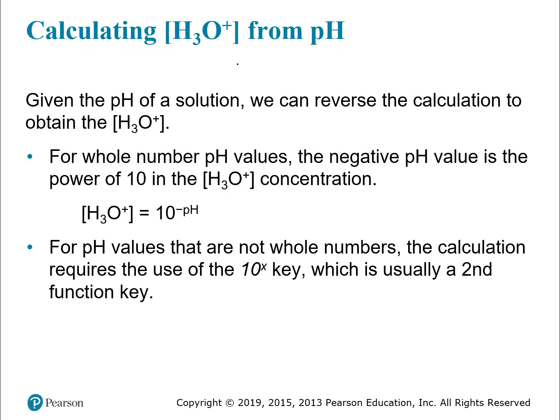So let's say that I had 1.0 times 10 to the minus 7 molar as my hydronium concentration. The hydronium concentration is going to be equal to 10 to the minus pH.